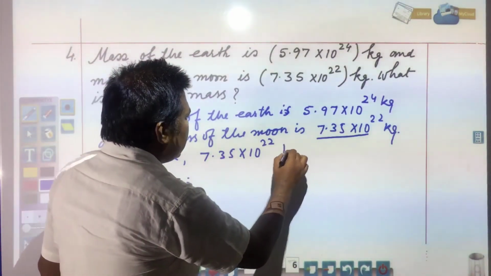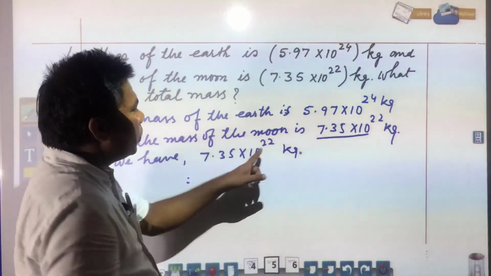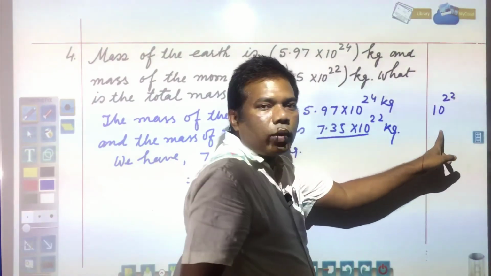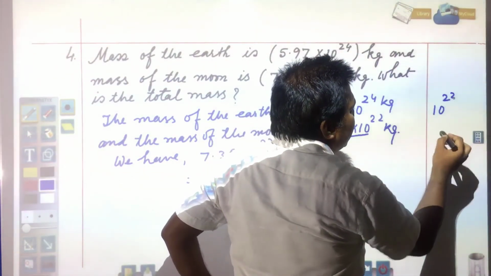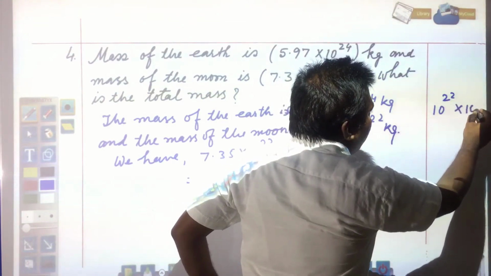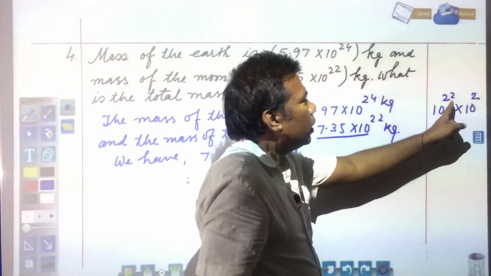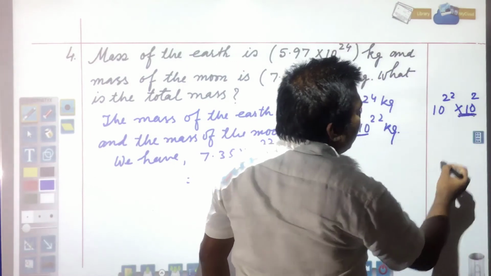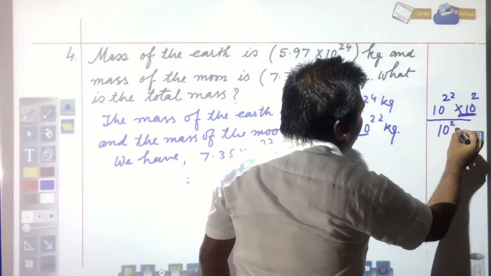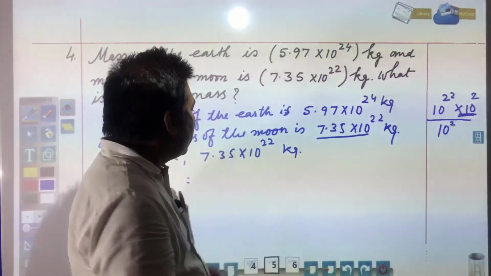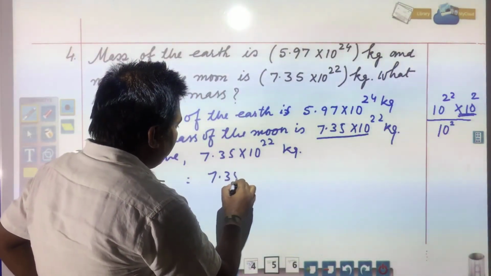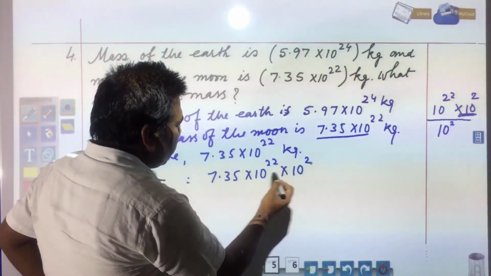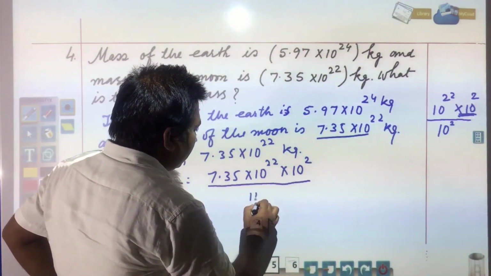This can be written as, suppose you need to make this 24, it means if any number you have 10 to the power 22 and you need to make this 24, you need to multiply this with 10 to the power 2, then only 22 plus 2 will become 24. So, this multiplication you are doing yourself. So, 10 to the power 2 is required to be divided also. So, here you see what we will do, 7.35 into 10 to the power 22 into 10 to the power 2, so that it will become 24 and is needed to be divided by 10 to the power 2 as well.